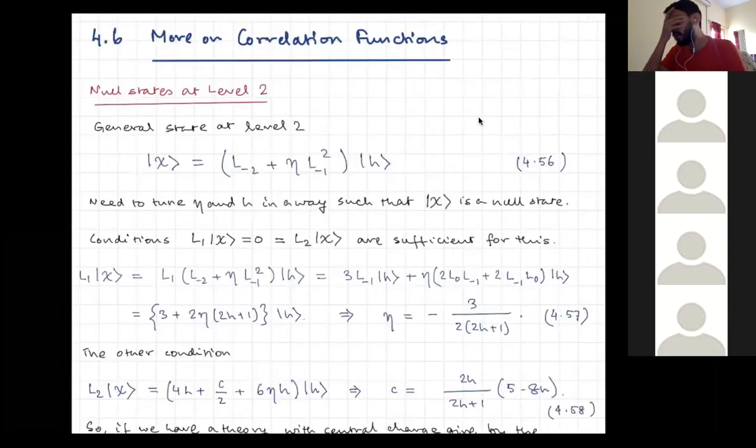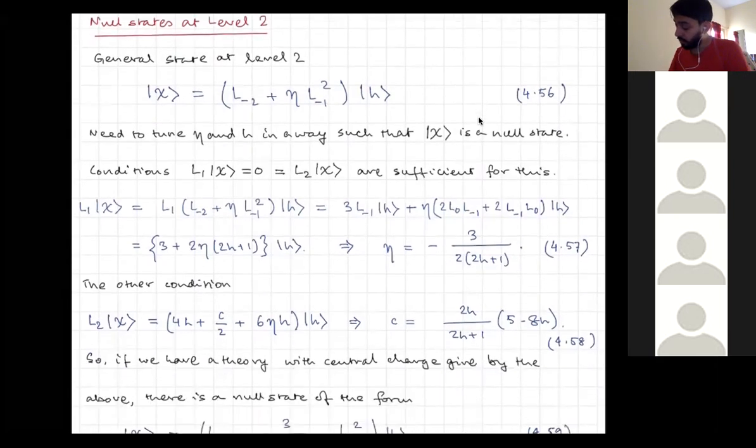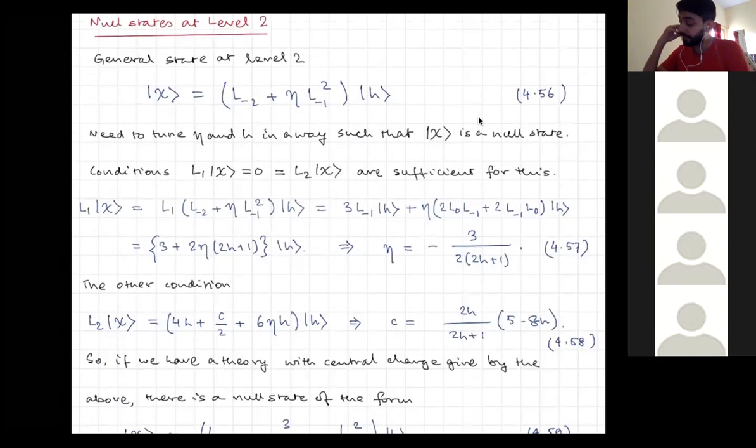Now you remember one of the things that we tried to do is before this we spoke about null vectors and reducible representations. So then I wanted to give you a clear idea of what these null vectors are. And for that, we started off at level 2, and we found that a general state at level 2 was written as 4.56.